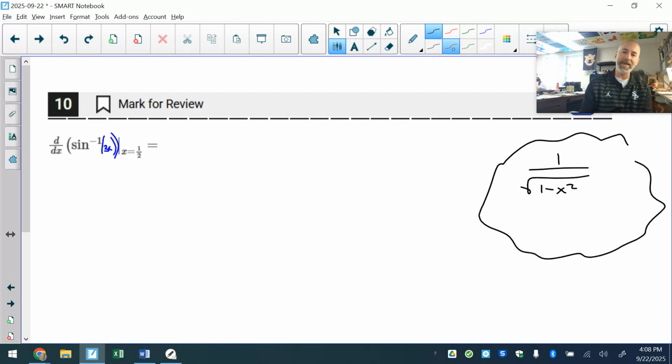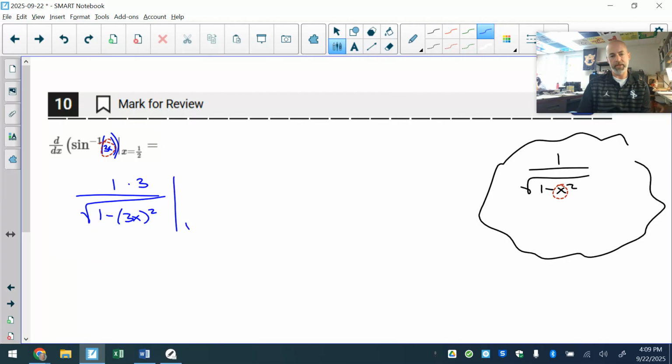But instead of an x, now we have a 3x, so we would replace the x with a 3x. So the derivative is 1 over the square root of 1 minus 3x squared. But then it's a chain rule, because I now need to multiply by the derivative of what's inside my inverse trig. And so that's the derivative of inverse sine, but now we multiply it by a 3.